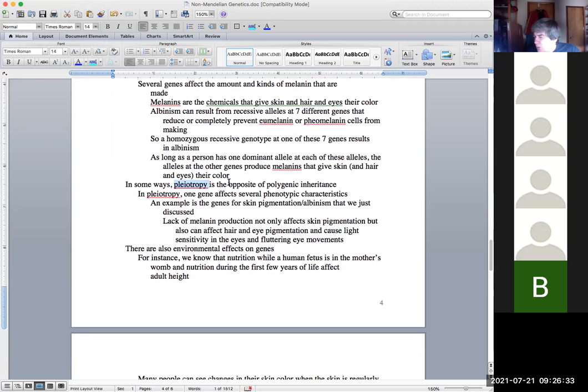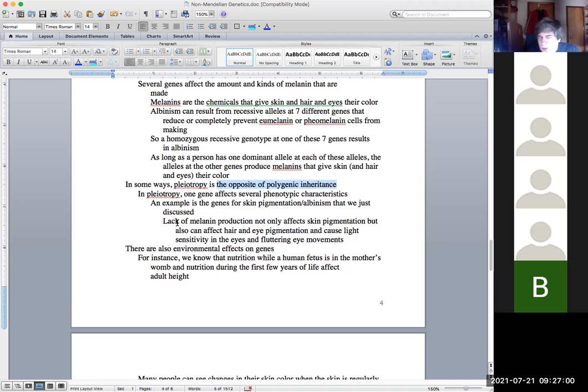At least when we think about it, pleiotropy is basically the opposite of polygenic inheritance. In polygenic inheritance, we have many alleles that affect one aspect of your phenotype. In pleiotropy, we have one gene, one pair of alleles, and they affect several different parts of the phenotype.